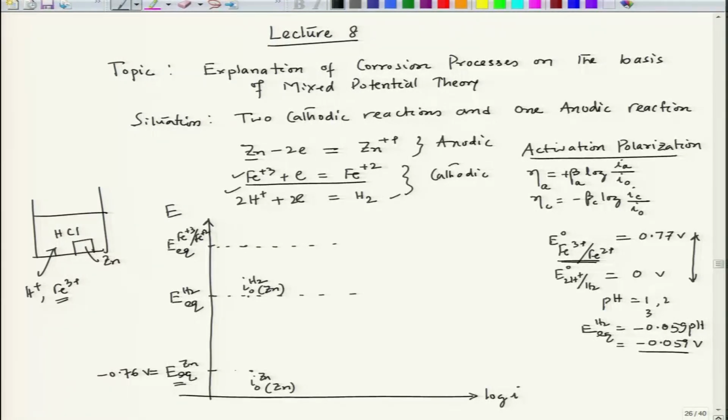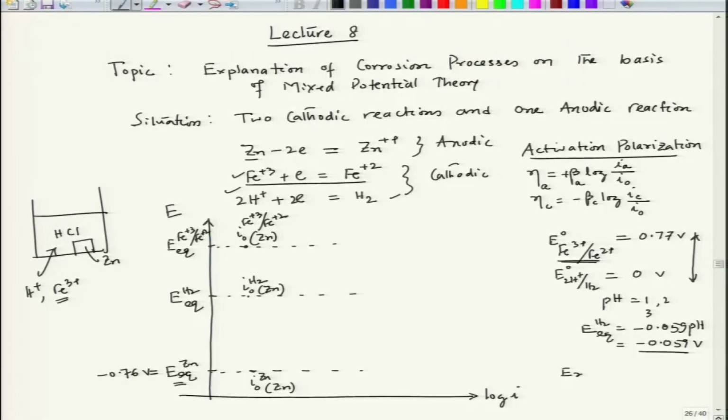These are the equilibrium potentials and I0 always lies on the equilibrium potential of the respective reaction. So, this point is I0 of Fe plus 3, Fe plus 2 over the zinc surface. Now, as per the mixed potential theory, they must reach a point where this condition is met, where summation of IC equals summation of IA.